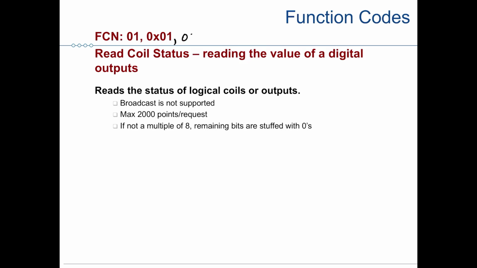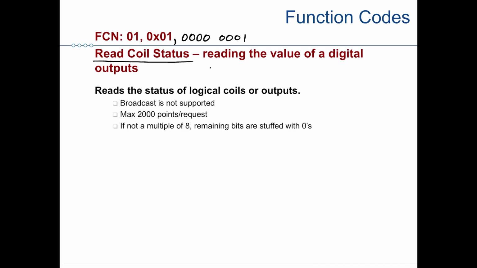That would be 0000 corresponding to 0 for a hexadecimal value, and 0001. That is the 1 byte value in the function code field, with 8 bits, representing read coil status. So we're reading the value of a digital output.